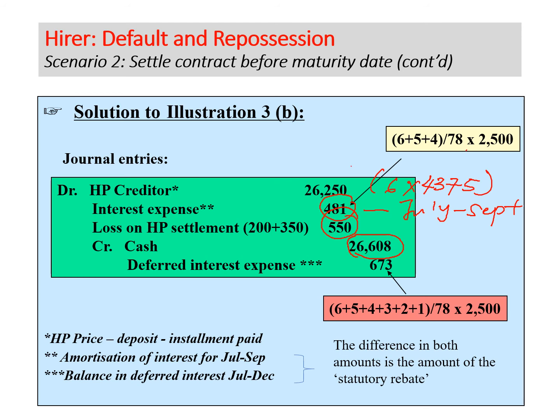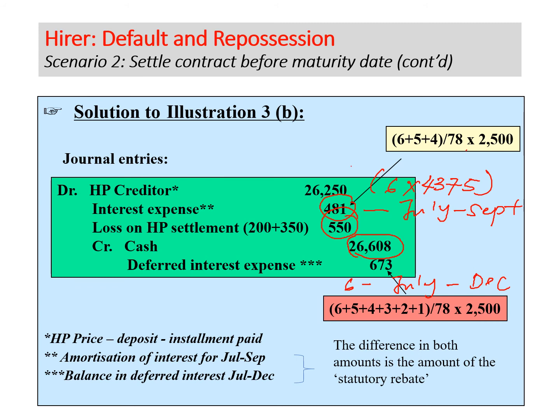And then for the deferred interest expense, why is it we credit the deferred interest expense? Because for this illustration, Shelix Berhad is actually using the gross method. So if Shelix Berhad is using the gross method, you will have to credit the deferred interest expense for the remaining balance. The remaining balance is actually the 6 months interest from July until December.